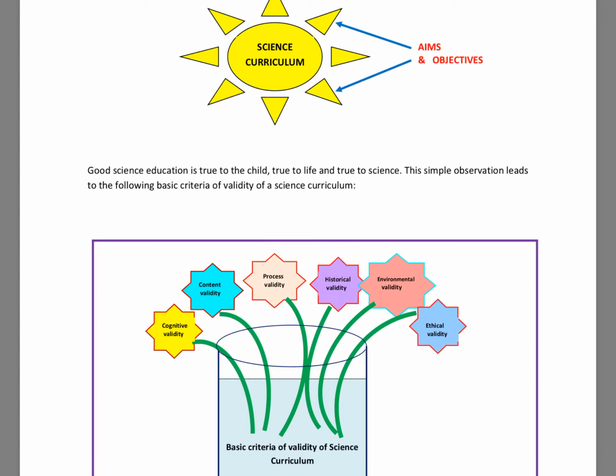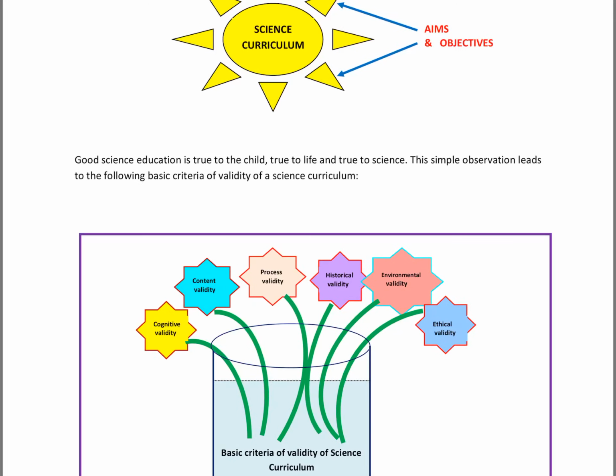And true to science means all the scientific, accurate information and accurate concepts are to be included. This simple observation leads to the following basic criteria of validity of science curriculum.